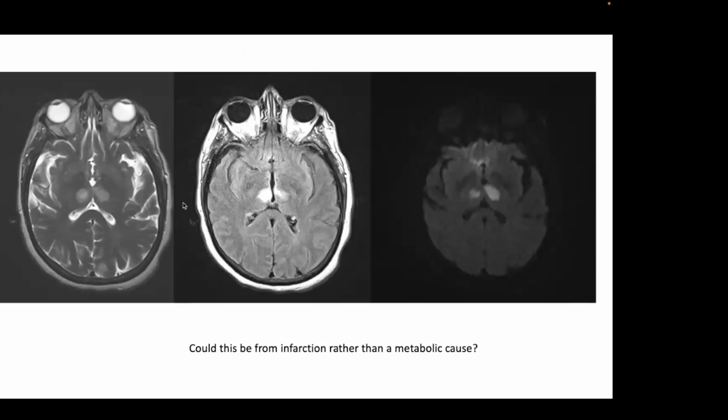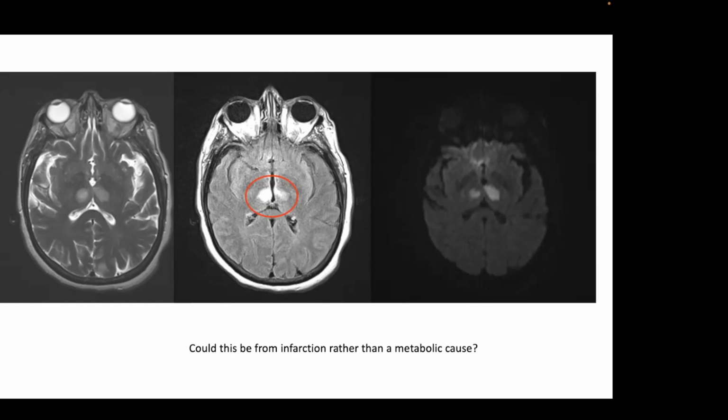Now, this imaging is confusing, I think, for a lot of individuals, and I want to bring it to your attention. Here we have a patient with bilateral thalamic lesions. This is T2 weighted. Here's FLAIR. Here's another one on diffusion imaging. So when you see these bilateral thalamic infarcts, you have to ask yourself, could this be infarction?